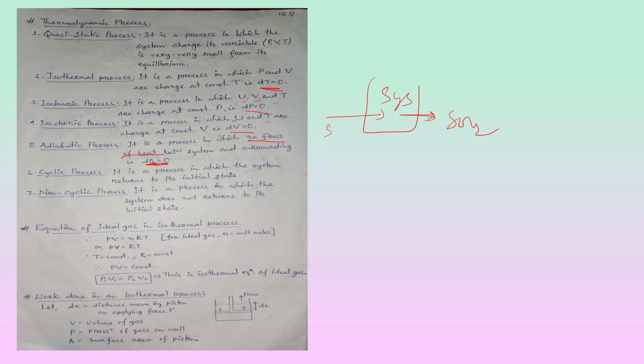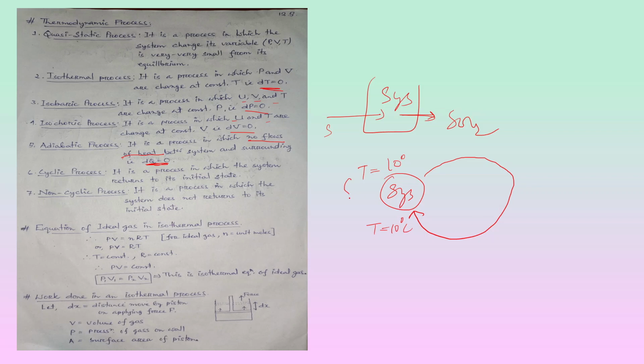Then cyclic process is that process where the system returns to its initial state. If a system has a temperature, suppose 10 degrees celsius, but due to some factor it is changed, and again after some time we check the temperature and again get 10 degrees, that means its variable has returned to its initial state.